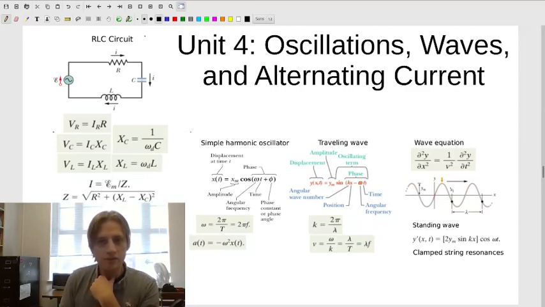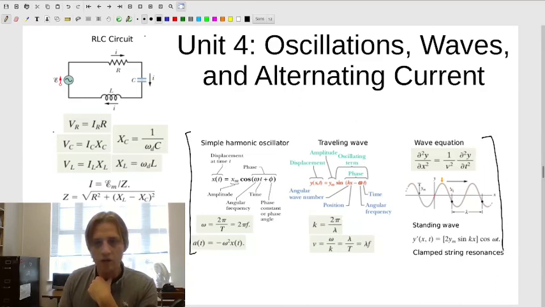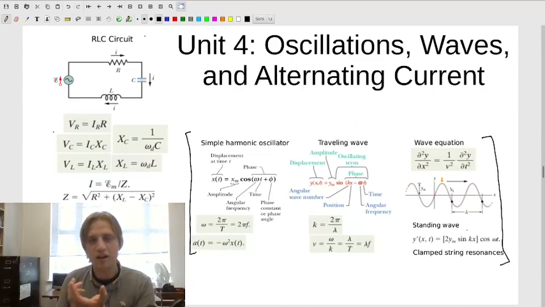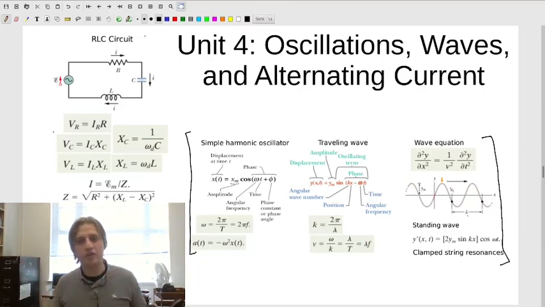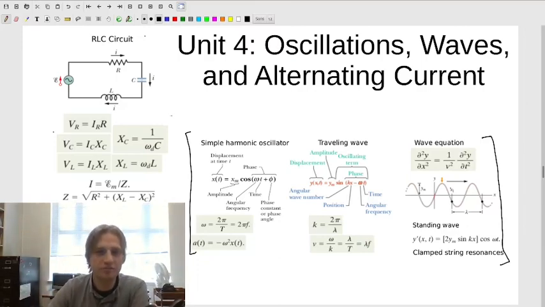We also spent a lot of time connecting that description of our oscillating AC circuit to background material, returning to our simple harmonic oscillator and traveling waves and all that.